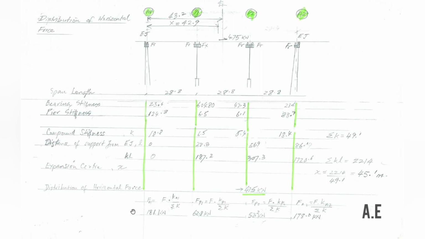For example, to get the force that is acting on abutment A1, the total force applied, 475, is multiplied by the stiffness of the abutment A1 divided by the total sum of the stiffness, and you get a value of 181 kilonewton.